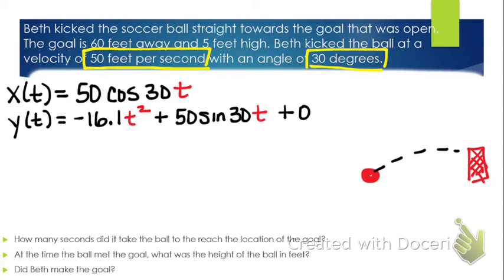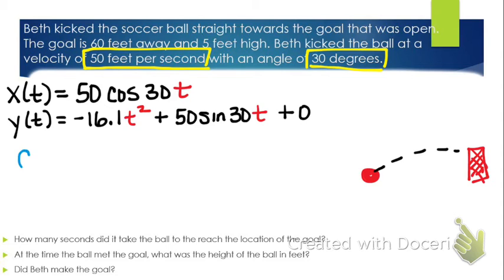How many feet does it have to travel to reach the goal? 60. So let's take that horizontal parameter, which is x of t, because it's 60 feet away. So the horizontal distance between Beth and the goal is 60 feet. So we're going to use this equation, set it equal to 60, and solve for t.